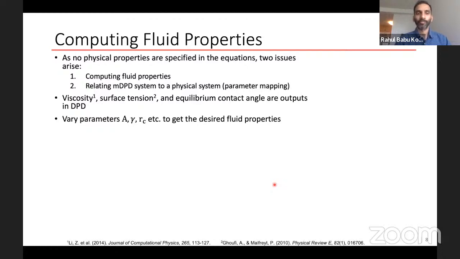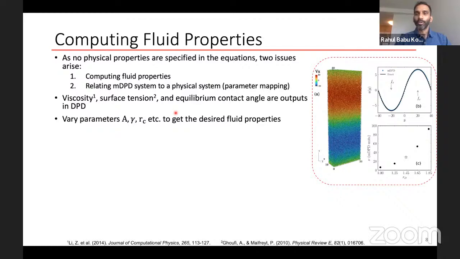Typically, these are computed from the simulations, and the other problem is how do we relate an MDPD system to a physical system? So to answer the first bullet here, compute the fluid properties, we resort to the standard practices of DPD to compute the viscosity, surface tension, and the equilibrium contact angle.